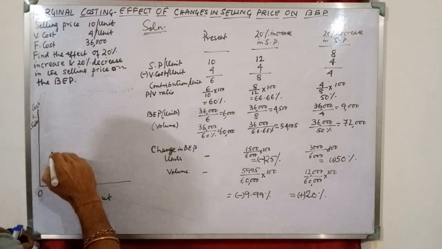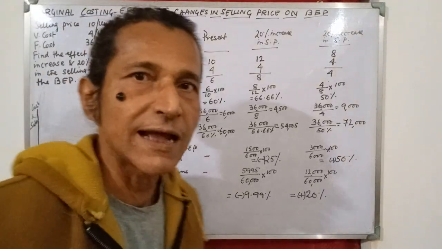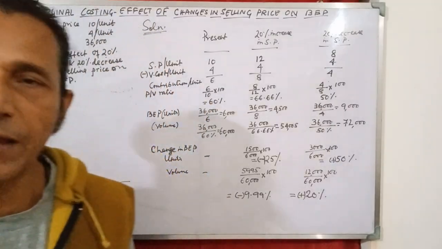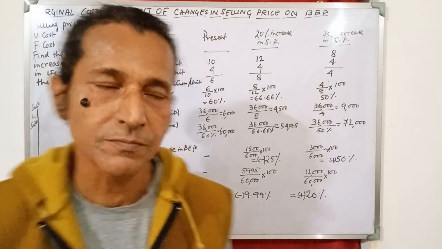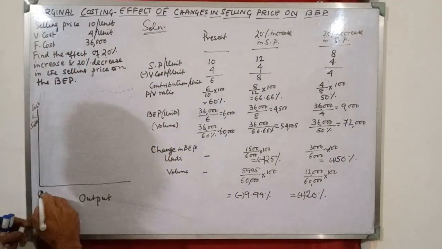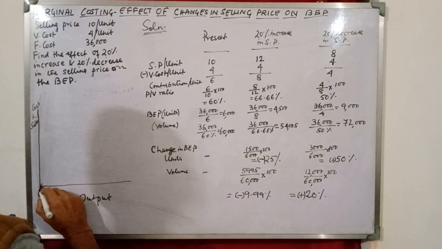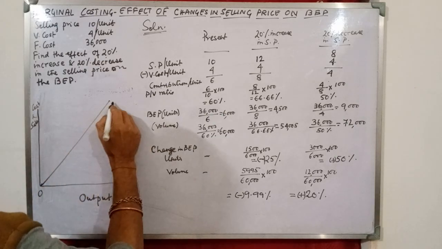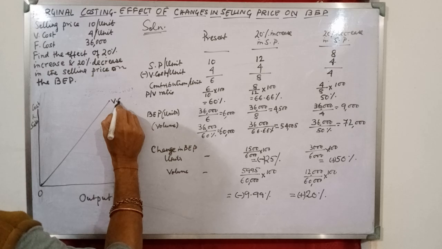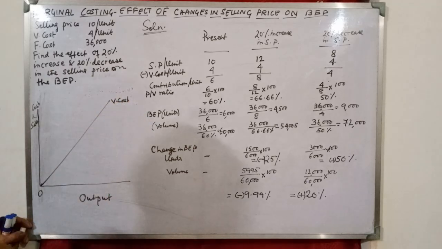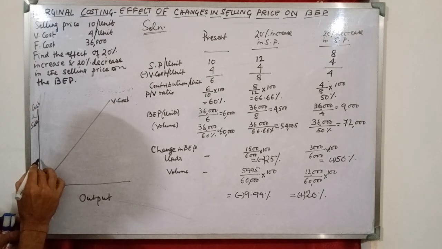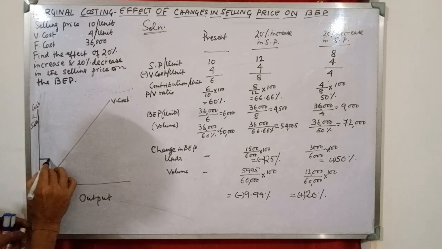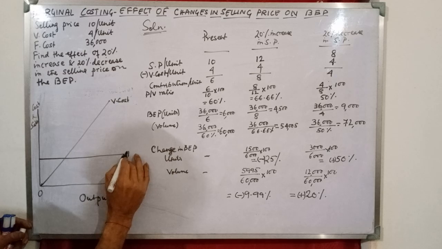We know the variable cost line starts from the origin. Why? Because when output is 0, variable cost is 0. So the variable cost line goes like this. This is the variable cost line. Fixed cost remains fixed, that is, the fixed cost line is a horizontal straight line parallel to the x-axis.